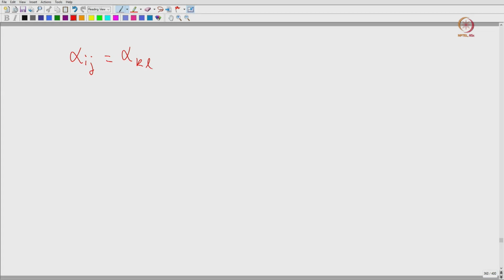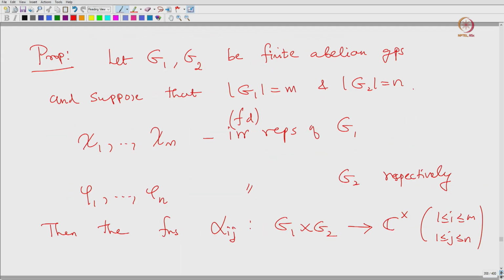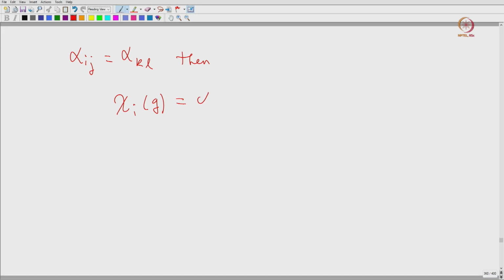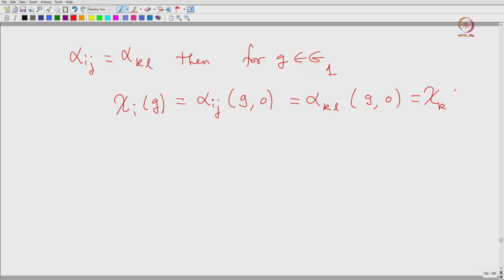Now we can just restrict to one component and see that chi i of g, which is exactly the same as alpha ij of (g, 0) for g in G1, is exactly equal to alpha kl of (g, 0), which is exactly equal to chi k of g.